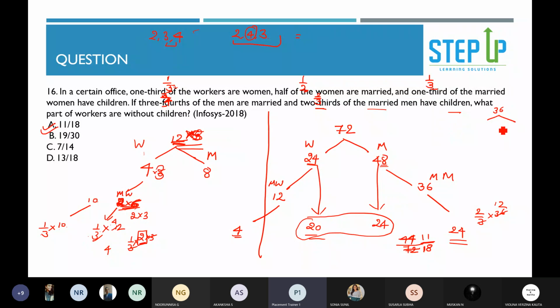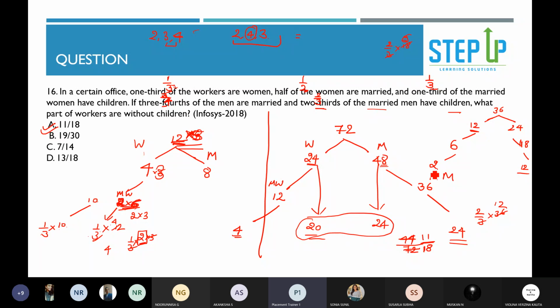So let's try this. 1/3 of 36 is 12, and this will become 24. This will become 6, and this will become 1/3 of 24, that is 18. So this will become 2, and this 18, what's the last part? 2/3 of the men. So 2/3 of 18 is 12.